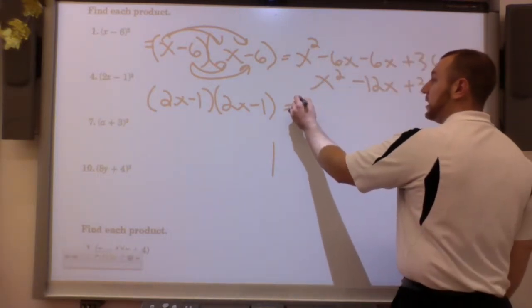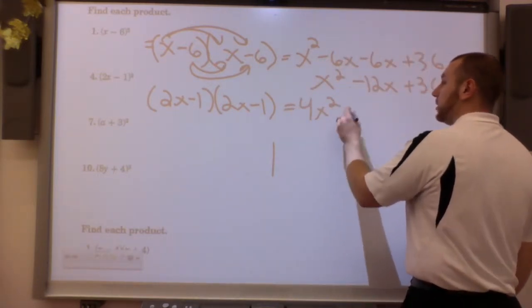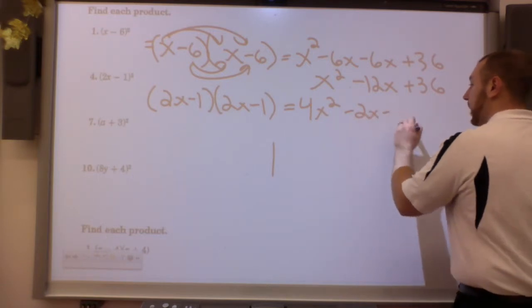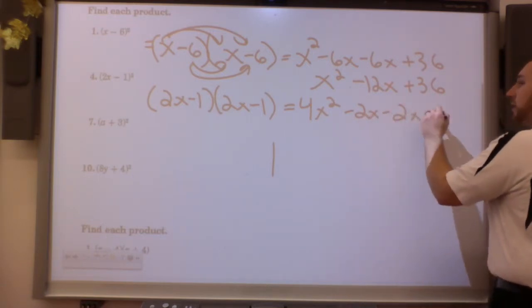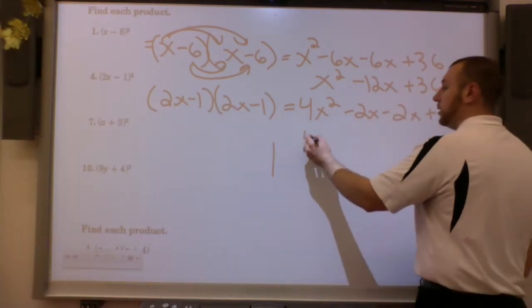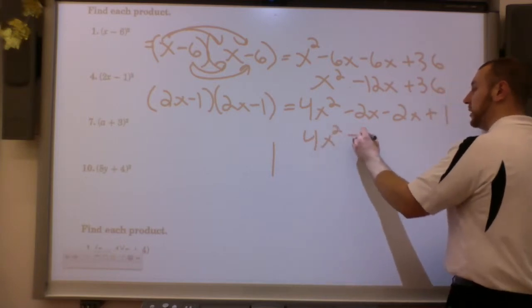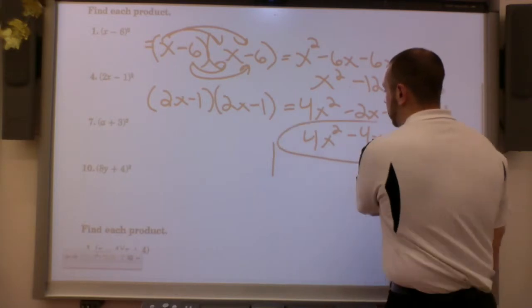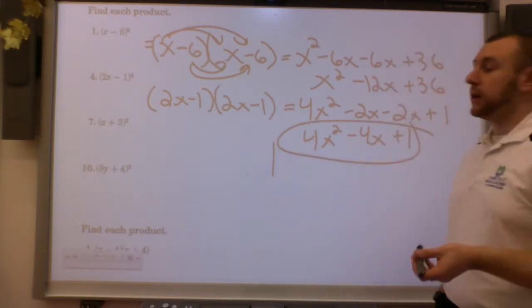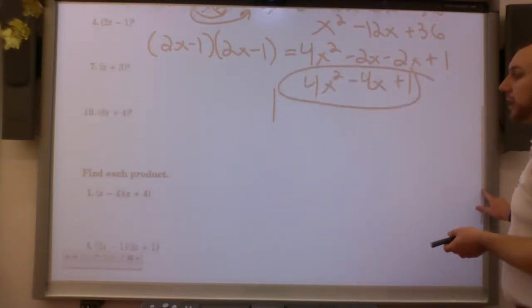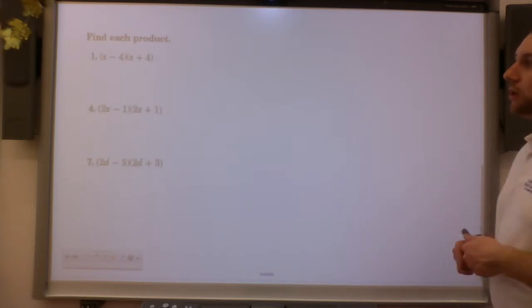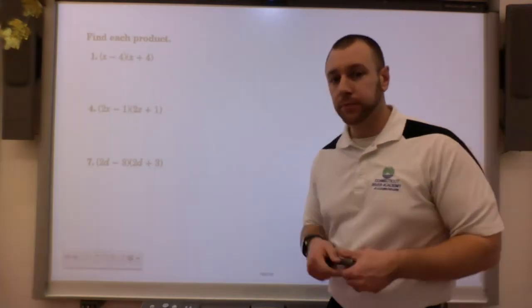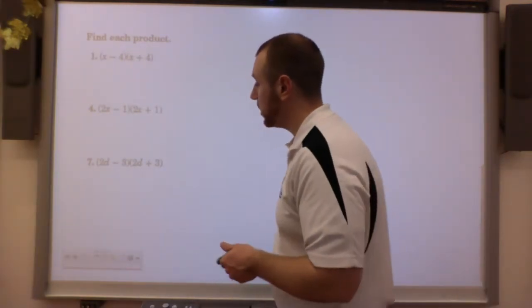So it's going to end up being 4x squared minus 2x minus 2x plus 1. So it's 4x squared minus 4x plus 1.